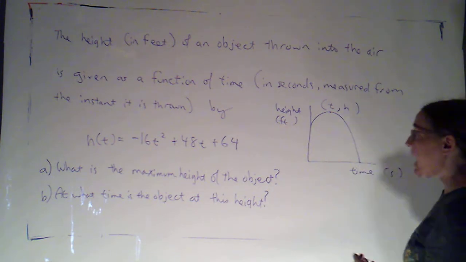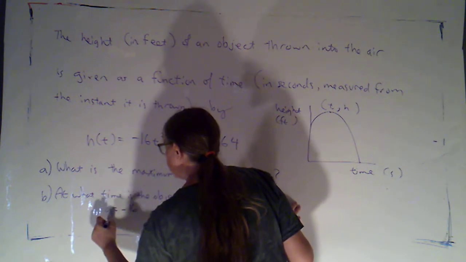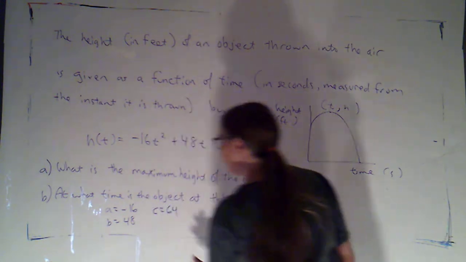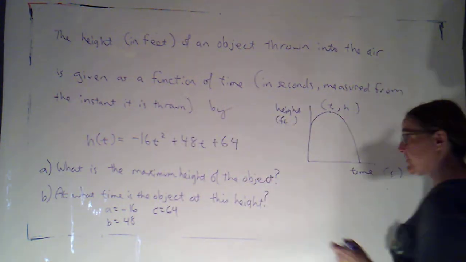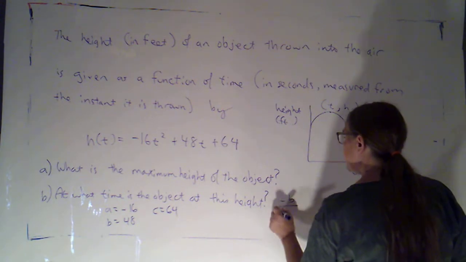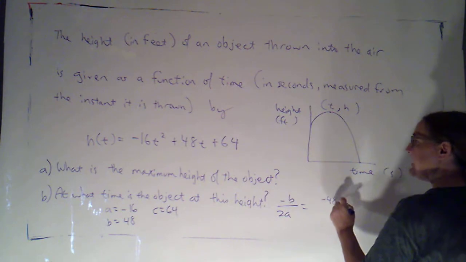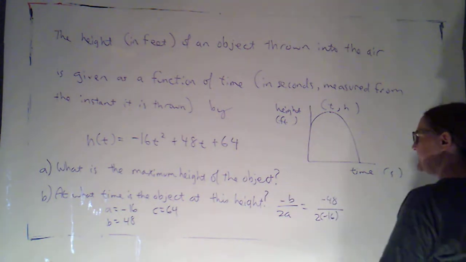So at what time? Well, here my A was negative 16, my B was 48, and my C was 64. The input value of the vertex is just the opposite of B over 2A. So that's going to be negative 48 over 2 times negative 16.